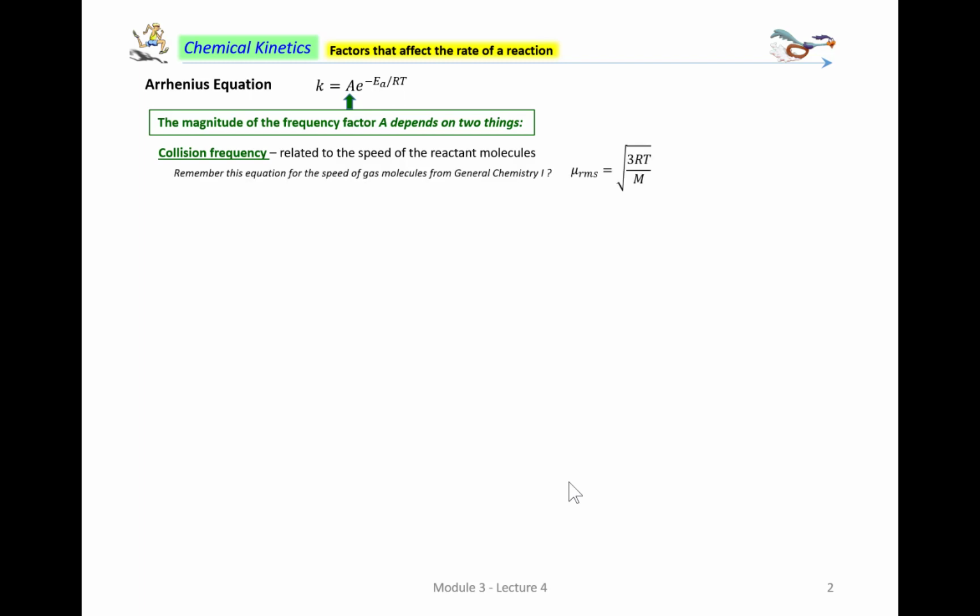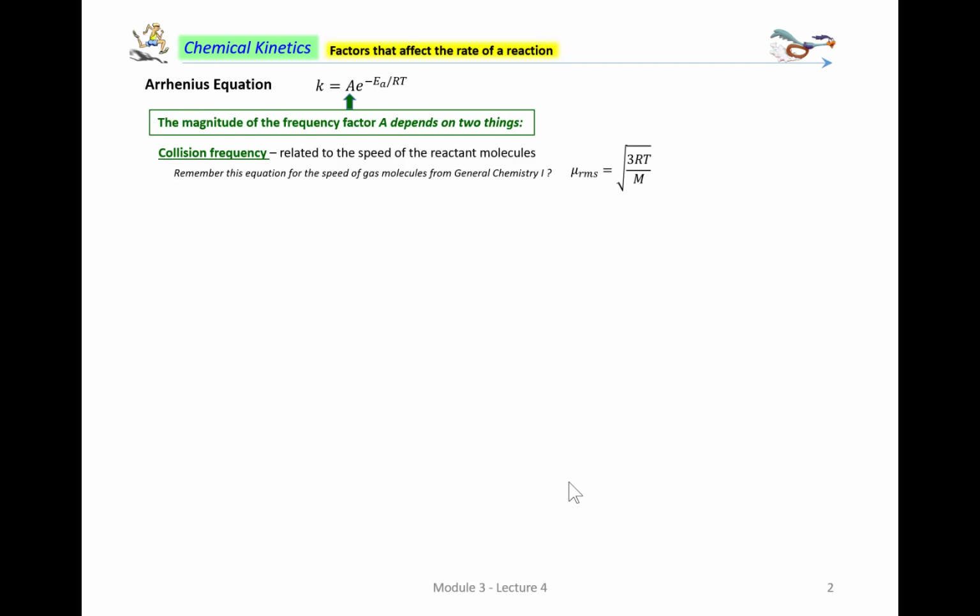Now if you remember from General Chemistry 1 when you covered gases, when you describe the speed of gas molecules, a good way of describing that is by using what's called the root mean square speed. And the root mean square speed is simply where you take the speed of every molecule, you square it, you take the mean or the average of those squares, and then you take the square root.